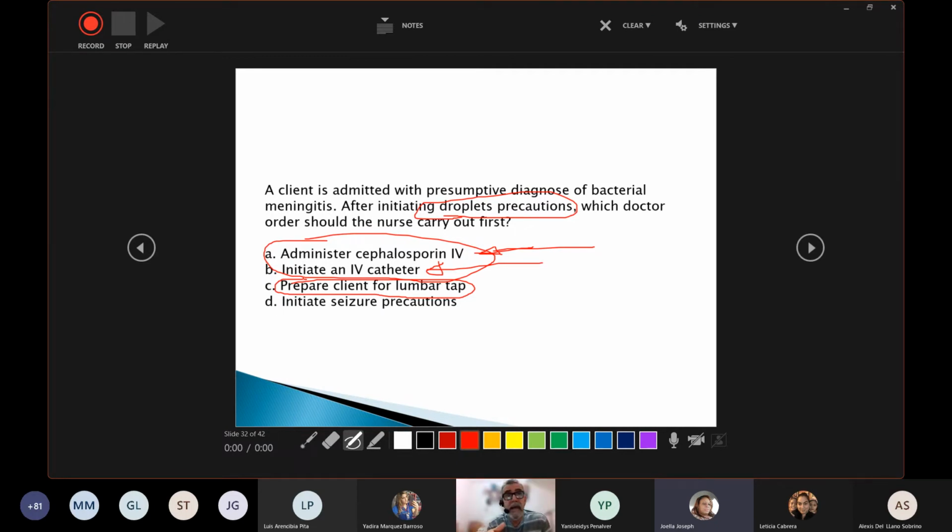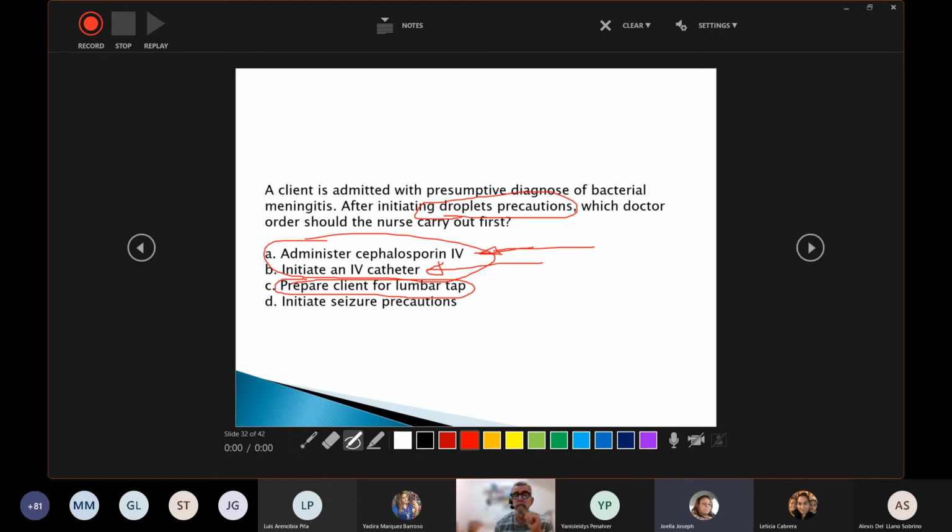And if the patient has seizures, then you need to have the oxygen, the suction machine, the lorazepam prescribed at hand, etc. So seizure precautions are important, but not the first. The first is the lumbar tap, get the vein, initiate antibiotics, move the client to the room, and start seizure precautions in the room. Do you understand the rationale? Summarizing, don't forget that you need to obtain the specimen before initiating antibiotics.